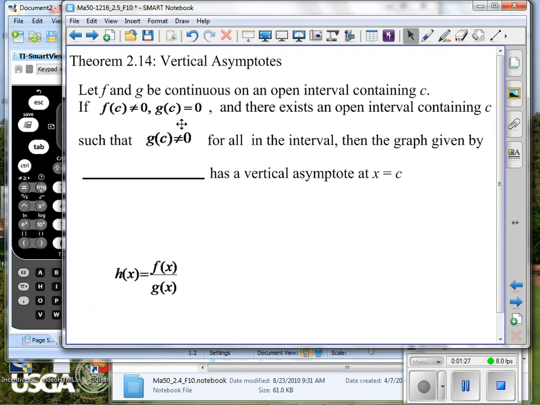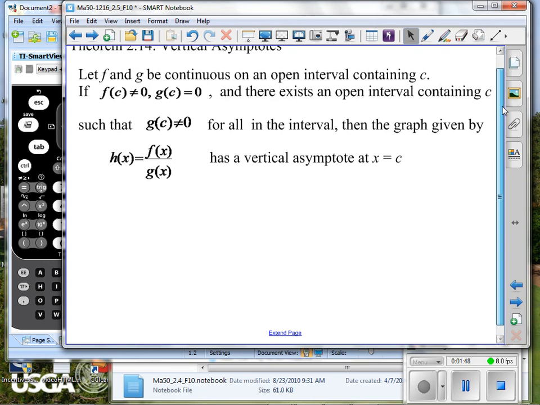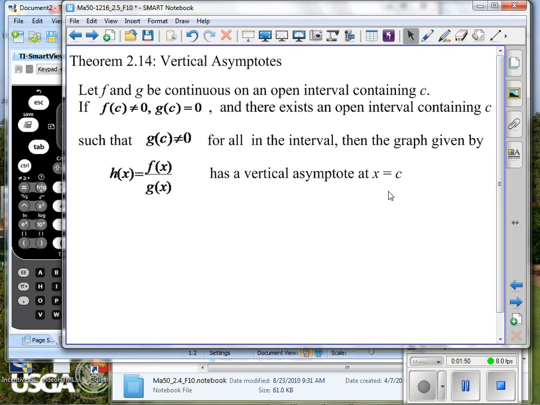So we've got the situation where one function is 0 and one function is not, and if we can look at an open interval containing c such that that isn't true, then we have that the rational function has a vertical asymptote at x equals c. That's our theorem about vertical asymptotes.